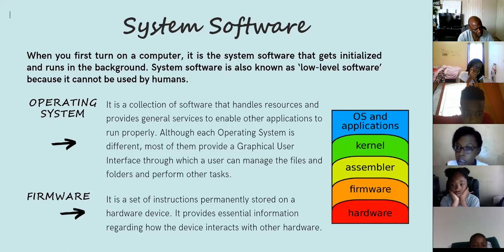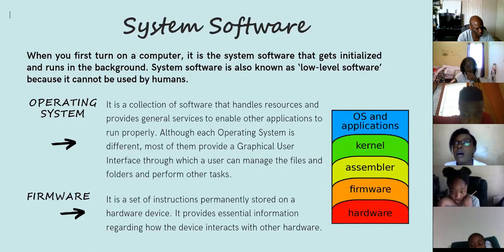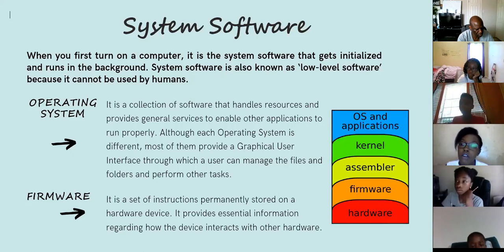So when you click an icon to open a game, a message is sent to the computer telling it that this person wants to open this, or wants to save this in the documents folder. The operating system enables that.